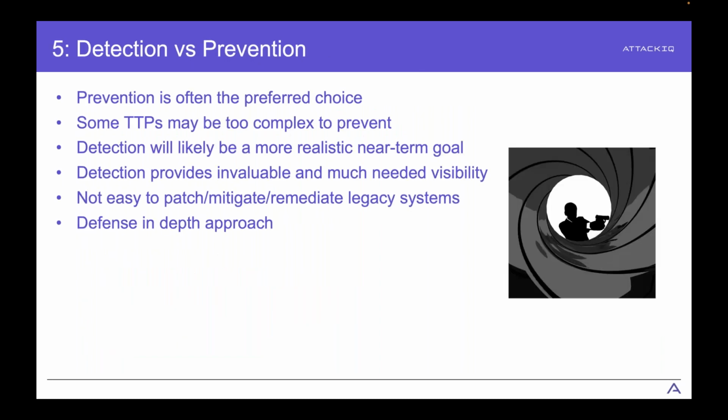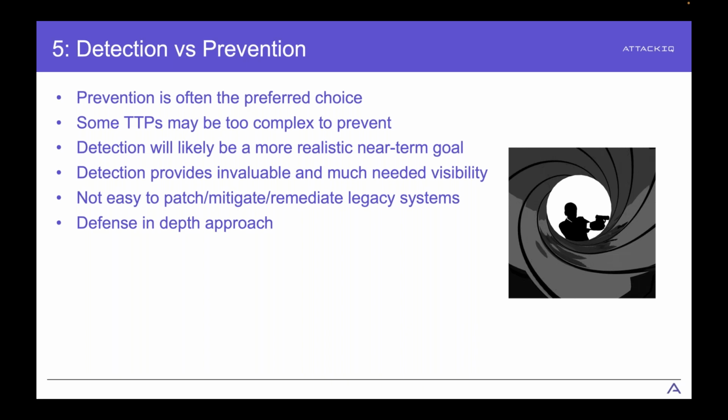All right, so next up we have detection versus prevention. A common approach that I've seen is, a company obviously wants to prevent everything right off the bat. But in practice, that isn't always possible and may not even be feasible.